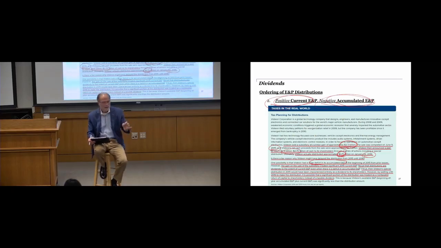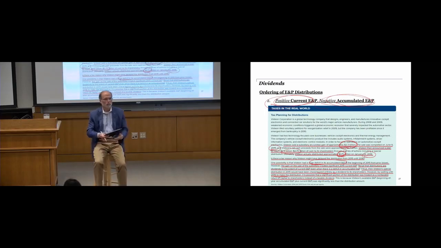Now, what happens if they wait to make the distribution until 2016? However, by waiting to 2016 to make the distribution, it is possible that a significant portion of the distribution was treated as a non-taxable return of capital to shareholders instead of a taxable dividend.